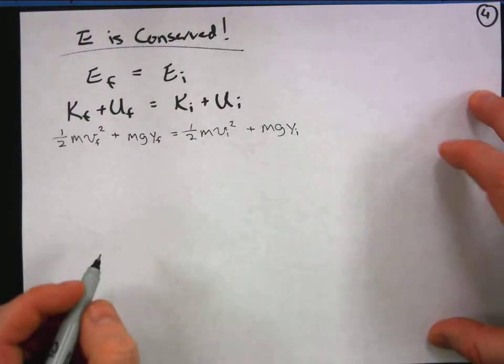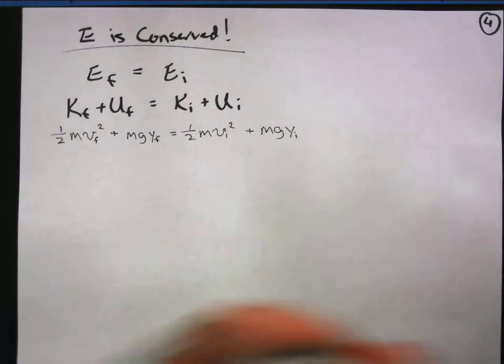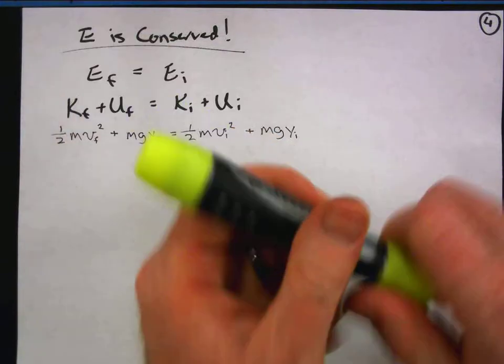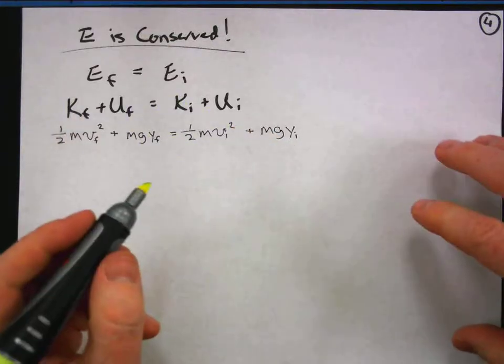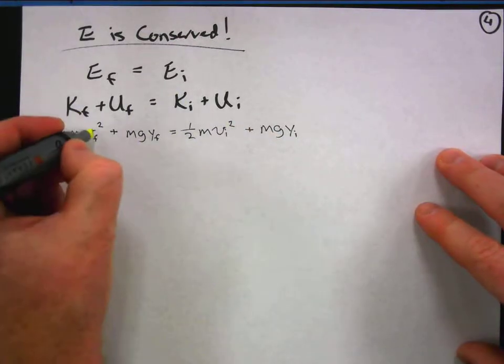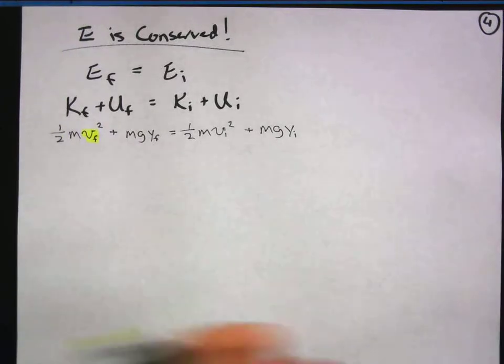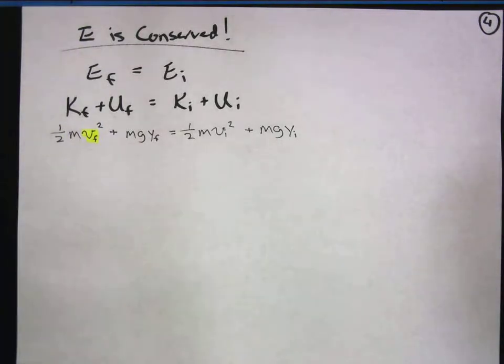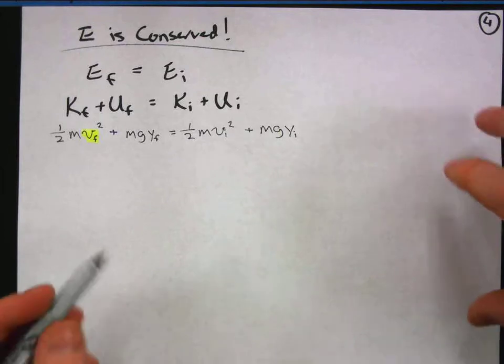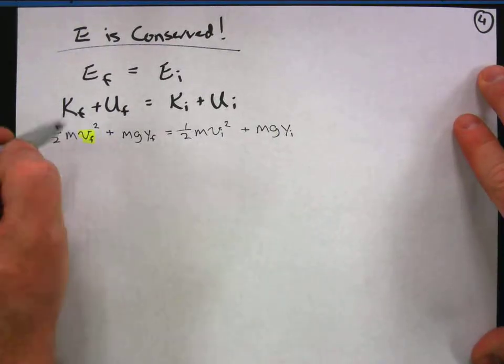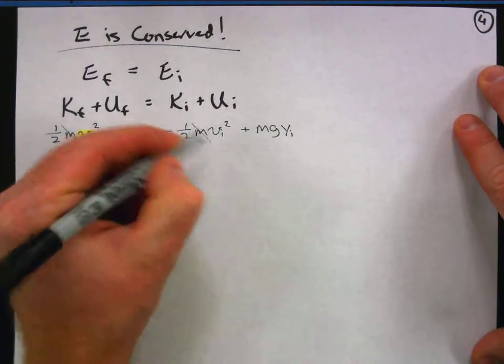So recall what it is we're looking for. We want to find an expression for our final velocity. This is our goal right here. So we're going to do what we can to rearrange, maybe cancel some things out. In fact, right away, I see something pretty cool. Every one of these terms has mass in it, and therefore mass goes away.